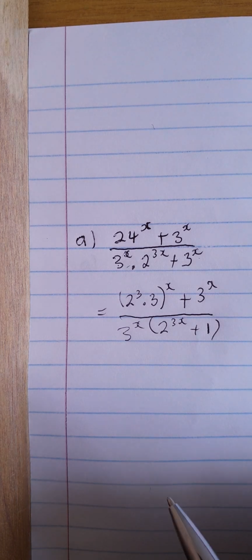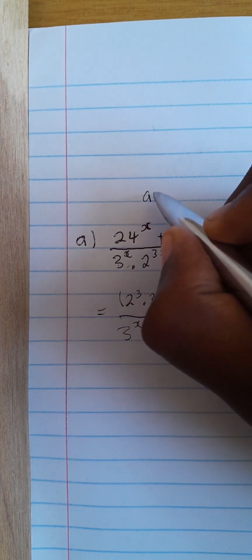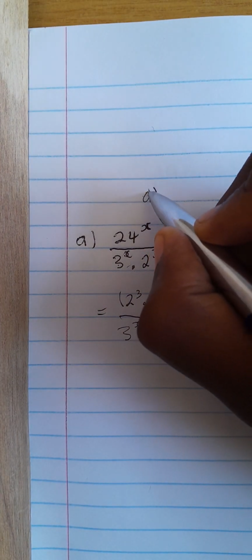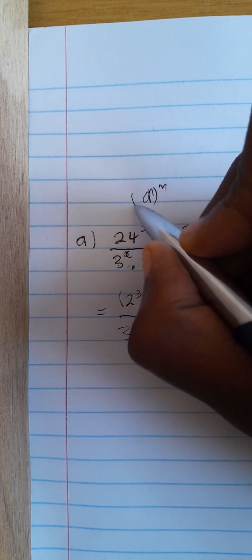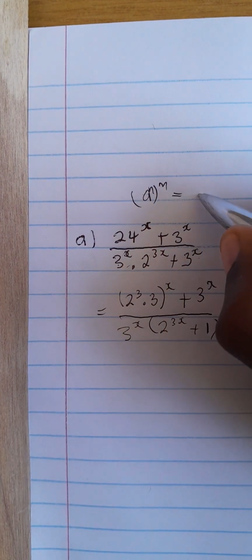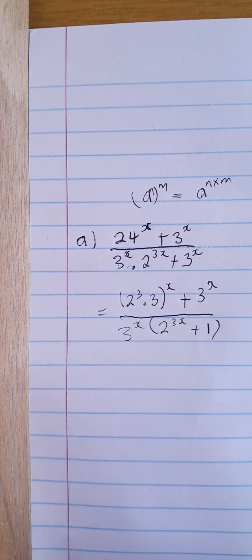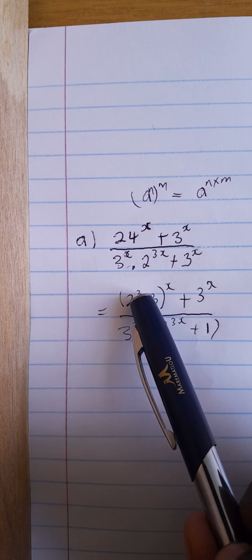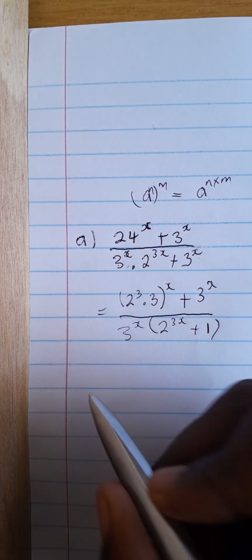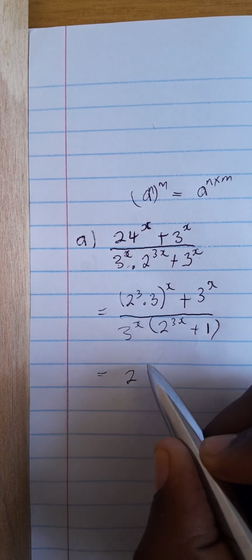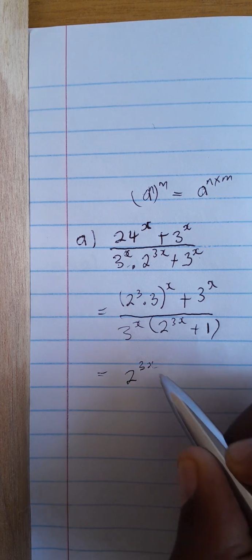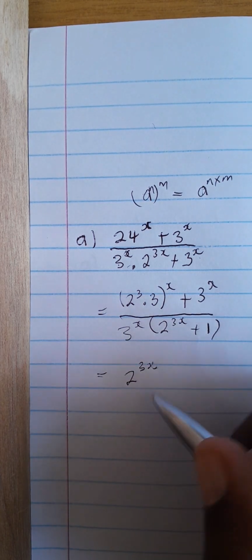It says a raised to the power n, all raised to the power m, is the same as a to the power of n times m. Same applies. It's going to be 2 to the power 3 times x, which will be 2 to the power 3x.